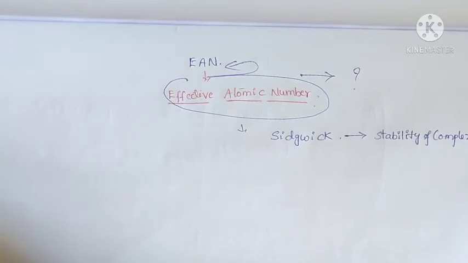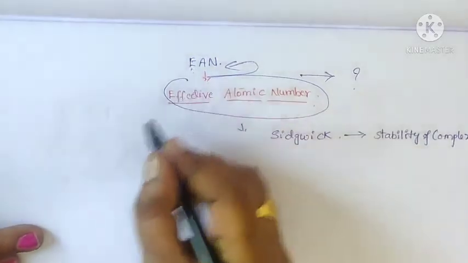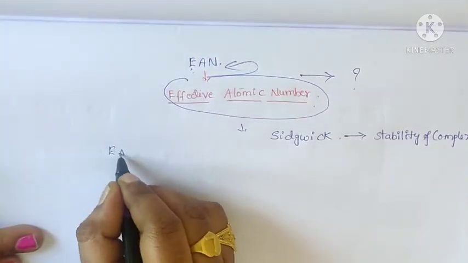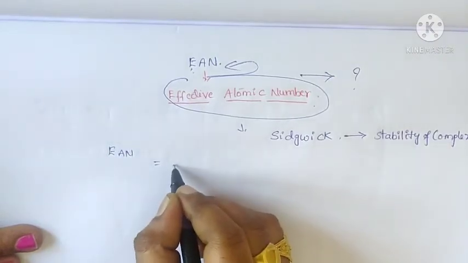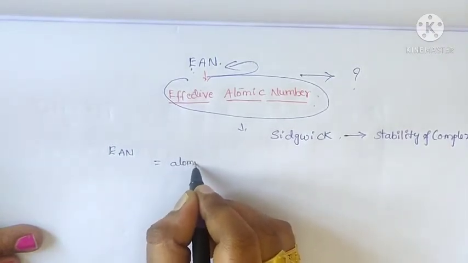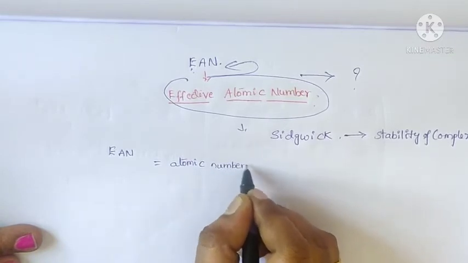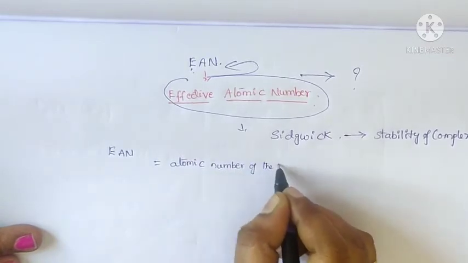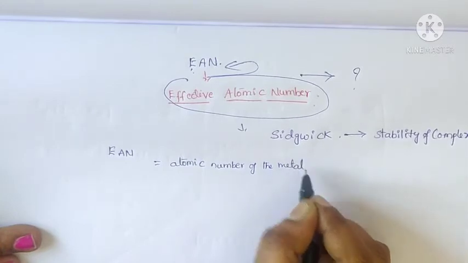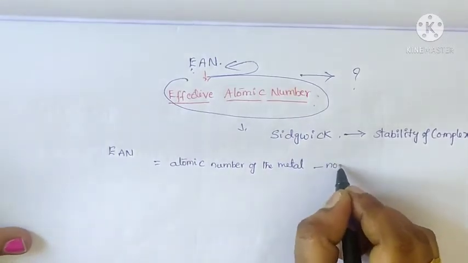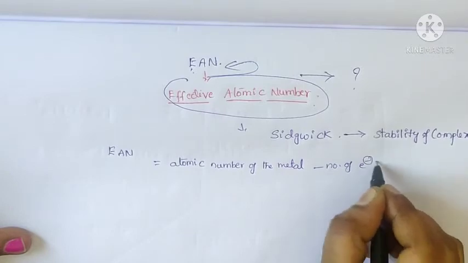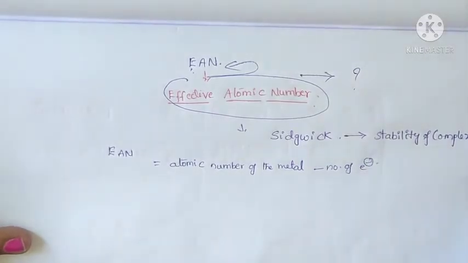The EAN generally coincides with the atomic number of the next noble gas in some cases. The EAN can be calculated by the formula: atomic number of the metal minus number of electrons lost in the formation plus number of electrons gained from the donor atoms of the ligands. This is the formula of the EAN.